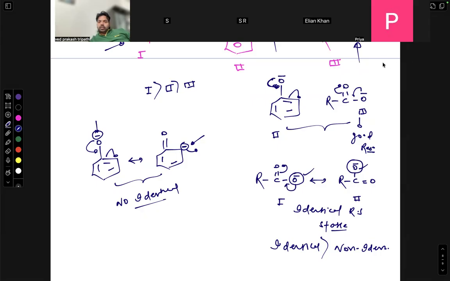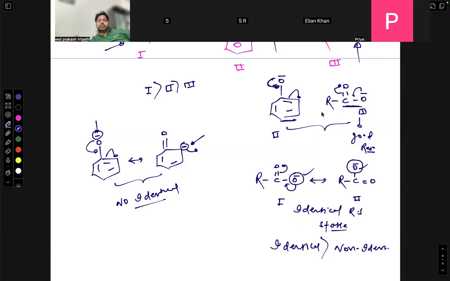It is not related to benzene and others. Whenever you have to compare identical and non-identical, identical would always be the more stable resonance structure. When there is a comparison of a benzene-containing system with a multiple-bond compound, then you can say this one is benzene which is aromatic, another one is not aromatic.